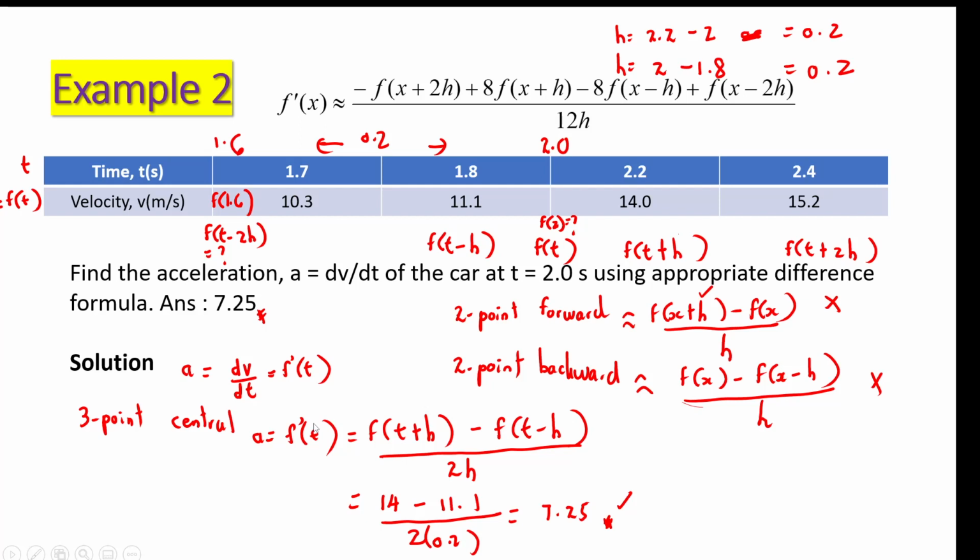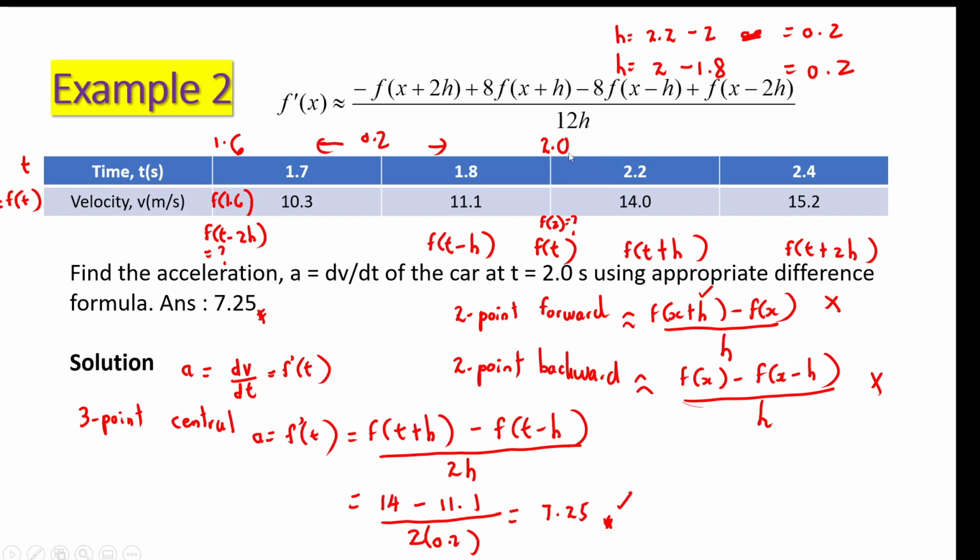Doctor, why don't we have the t minus 2h? If you choose h as 0.2, because the question at t is 2, then 2 to 2.2, the increment is 0.2, right?